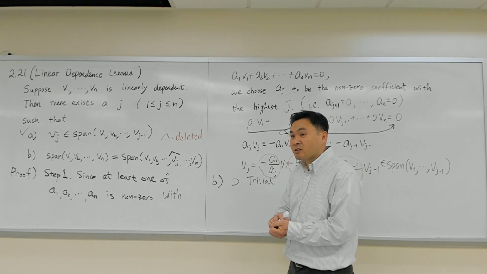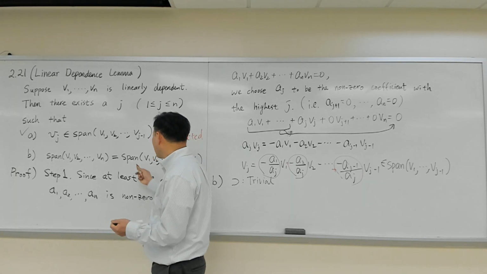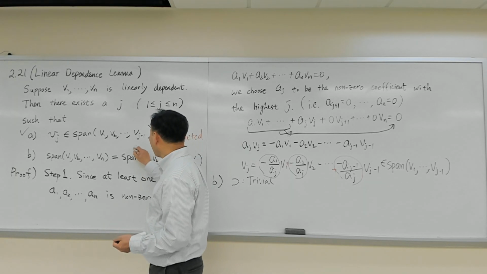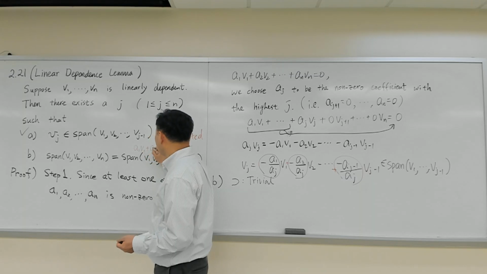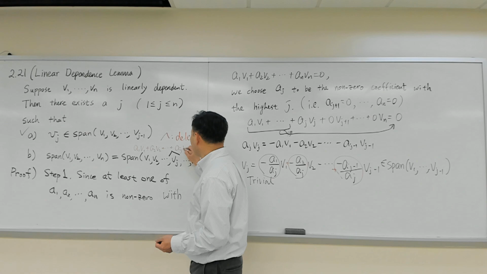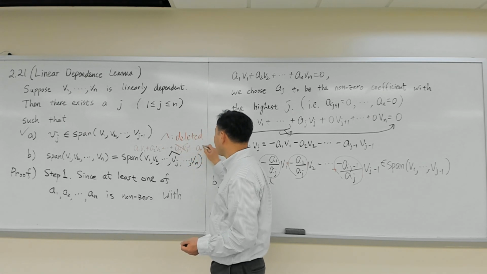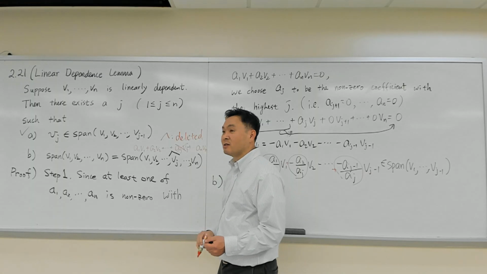All right, if you didn't get what I said, let me just say this again. What are the elements in here? This is A1 V1 plus A2 V2 plus and so on, with AJ VJ excluded, up to AN VN, right?